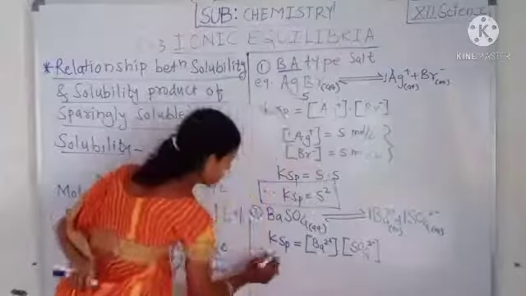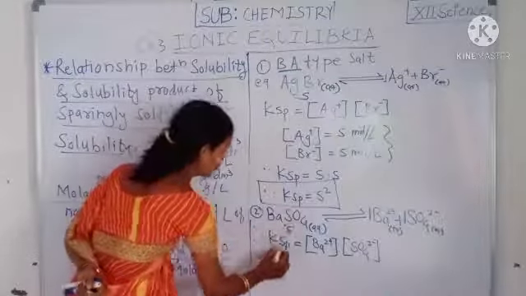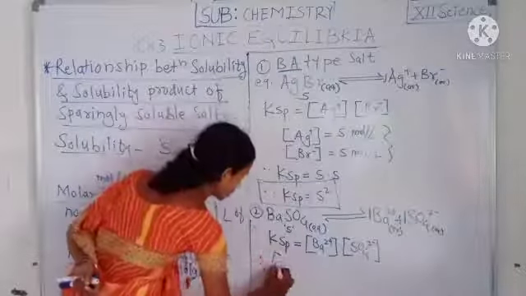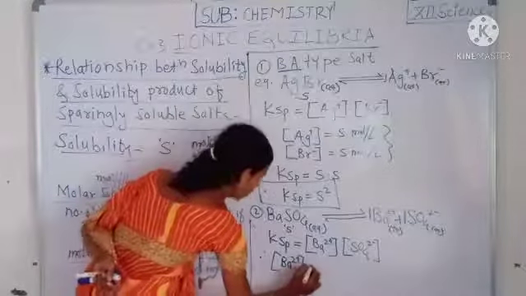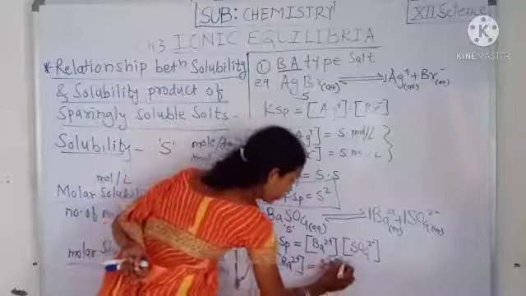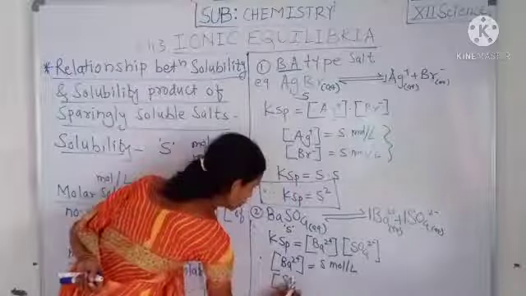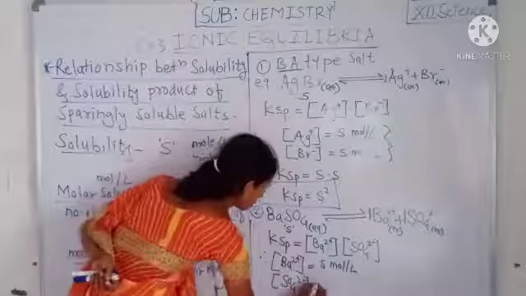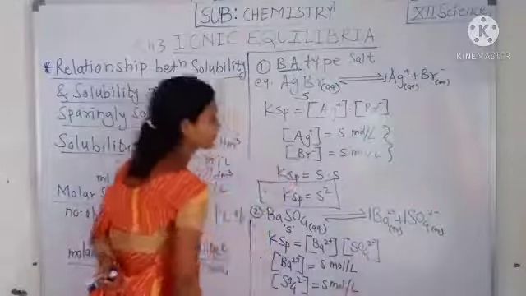Therefore, if the solubility of BaSO4 is also S mole per dm cube, then the concentration of Ba2+ is S mole per liter, as well as the concentration of SO4 2- is S mole per liter.